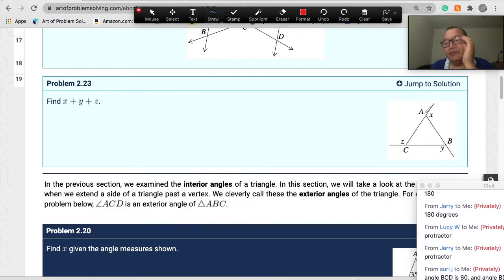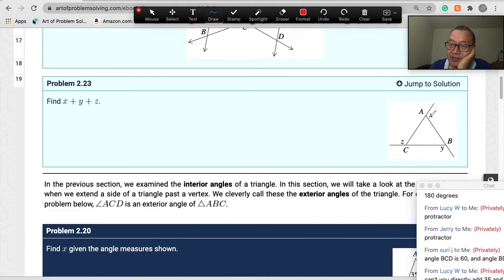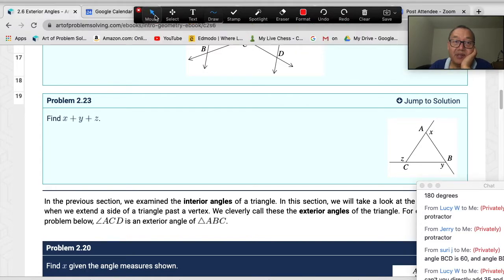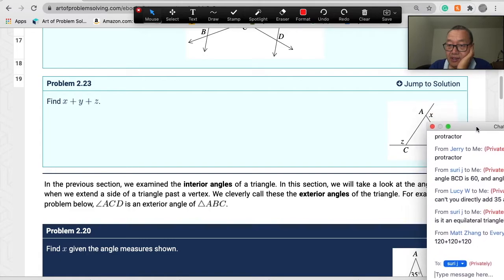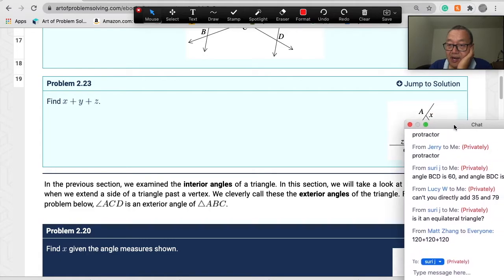Now, to calculate angle x plus angle y plus angle z. Look, somebody sent me an answer. Now let's check. Yeah, Matt, simplify. Give a final answer.